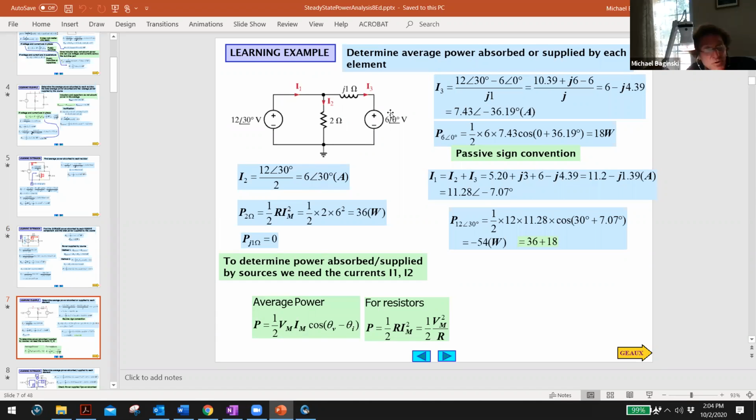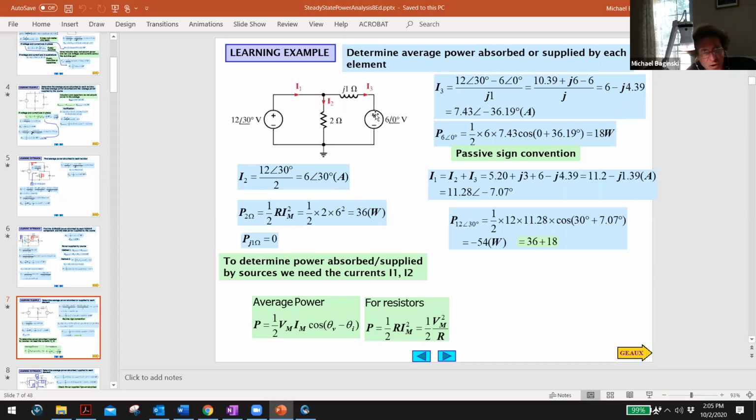Now here's a two source problem. And again, when they say supplied, then they take I times what? I times V, but the polarity becomes an issue because here, if I want the power associated with this element, it would be magnitude of I3, right?